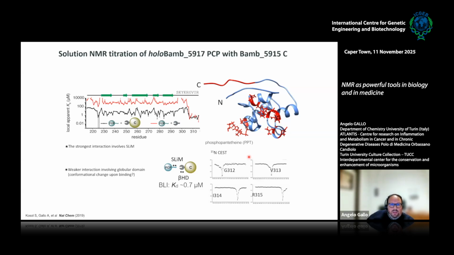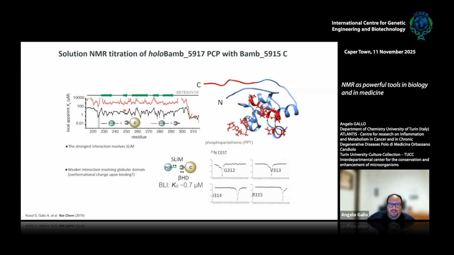At this point, we have the structure. We know that it's flexible, but we saw that we need the NMR titration. So we were able to titrate the PCP17 with a C15 protein and see which residues are mostly affected by the interaction.